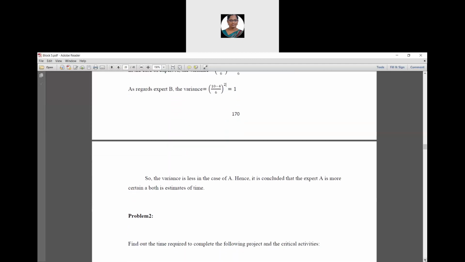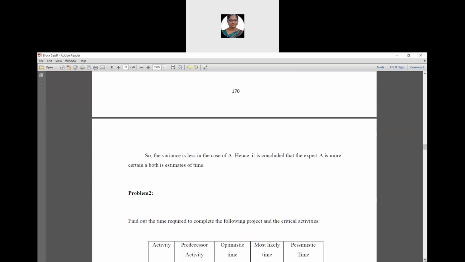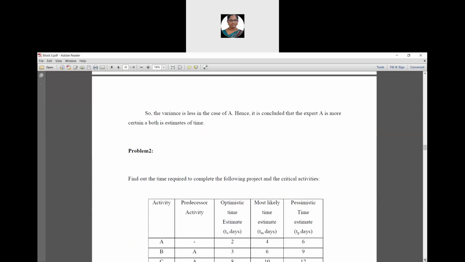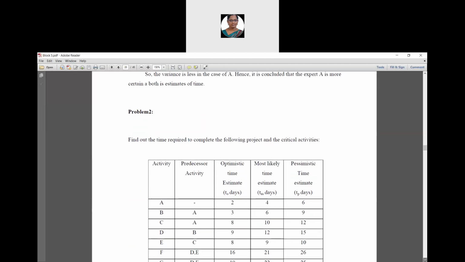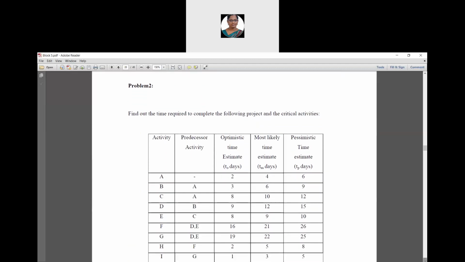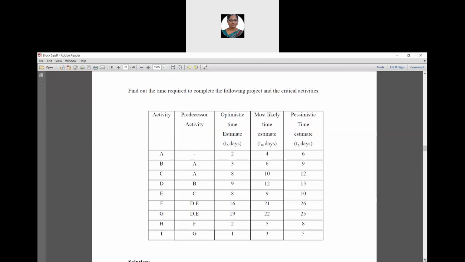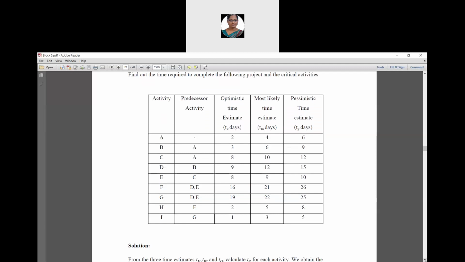Then problem number 2: find out the time required to complete the following project and the critical activities. For that, they have given the activities, the predecessor activities, and 3 estimate values for the activities. Using these values, we are going to find the critical path and critical activities.